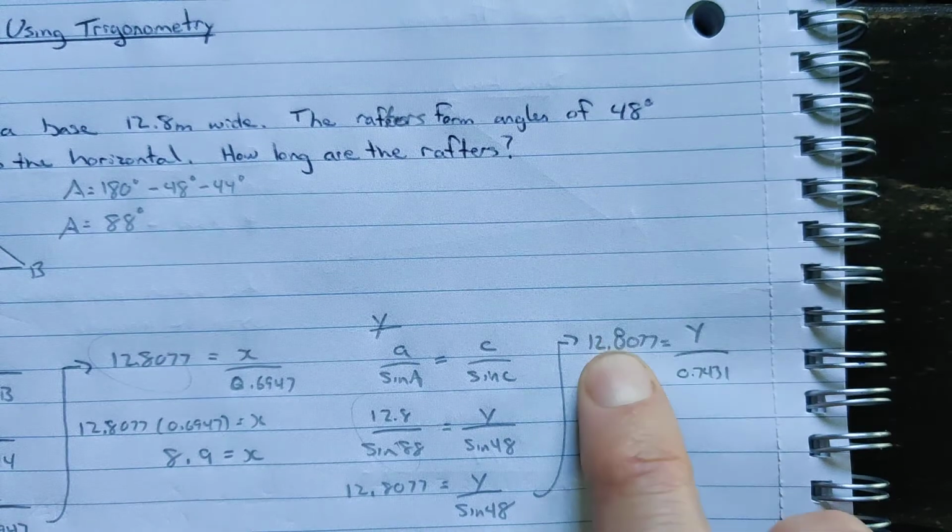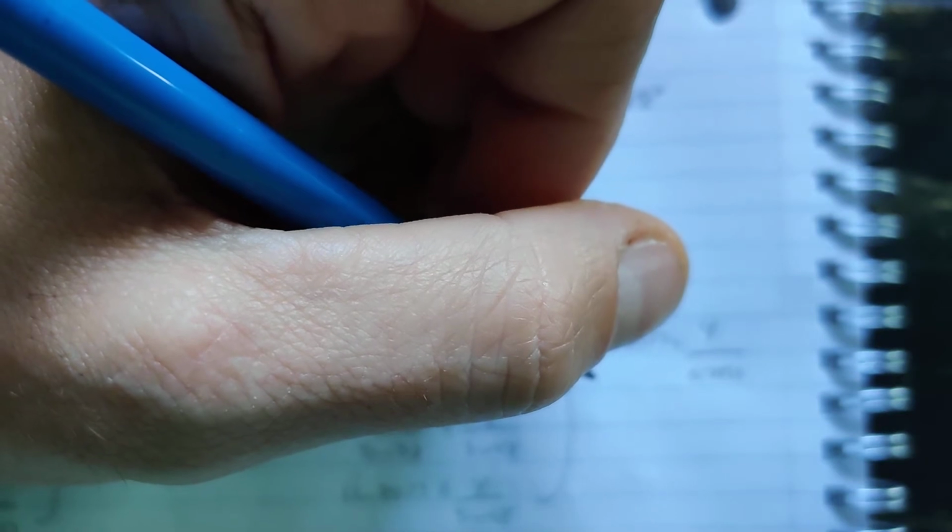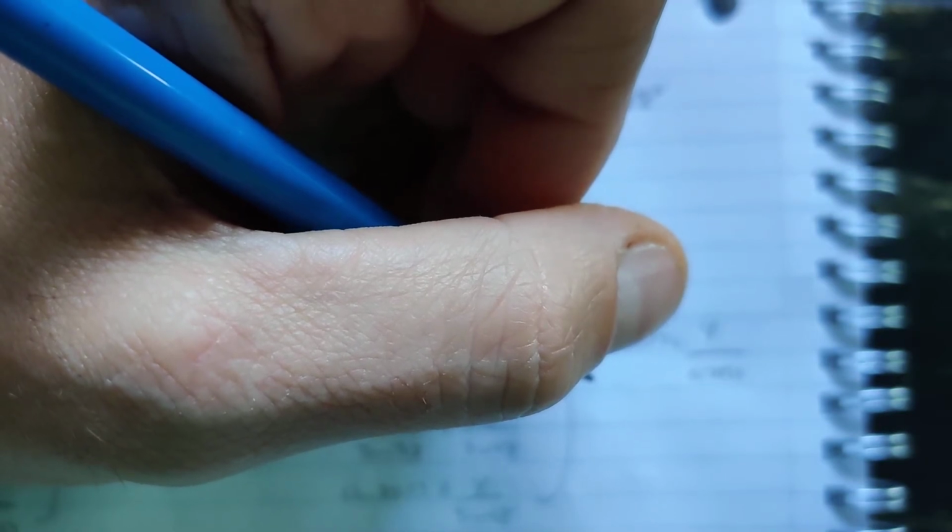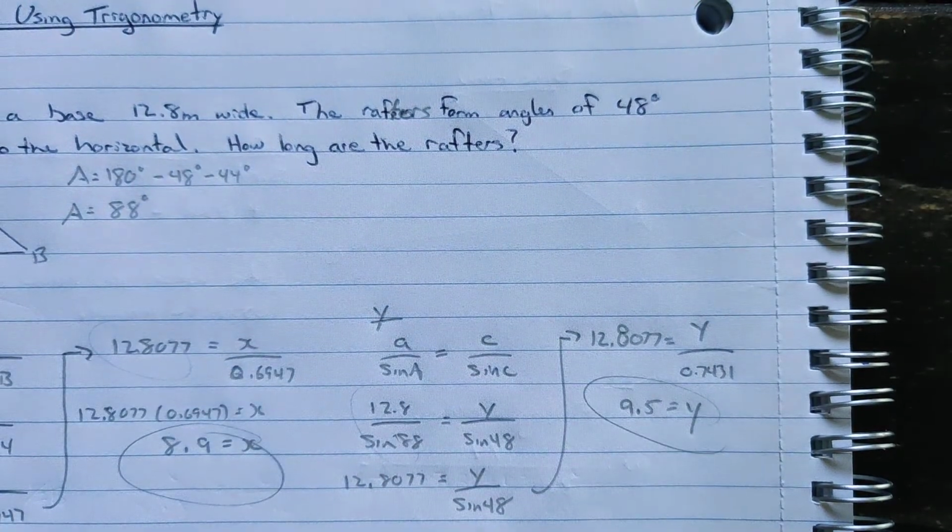So now I can multiply these two here, and that'll give me my y value. And that's going to give me a rafter length of 9.5. So there's my two rafter lengths.